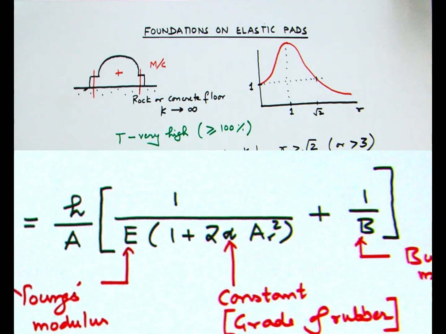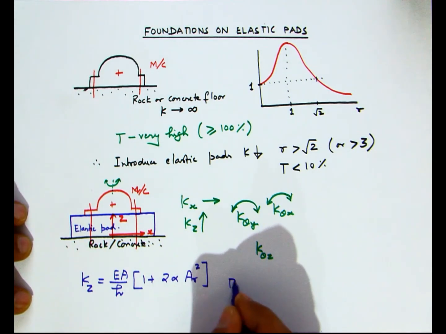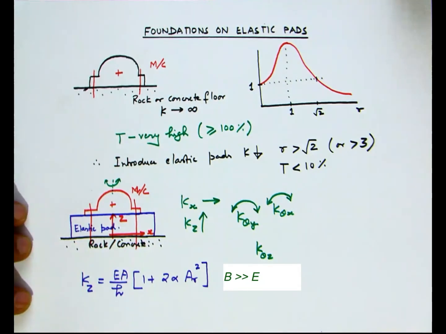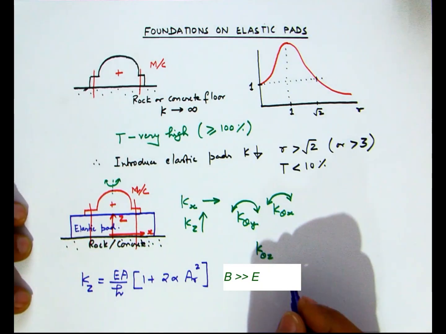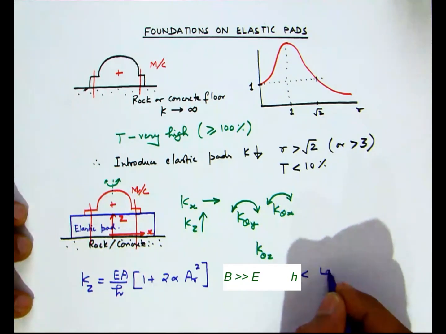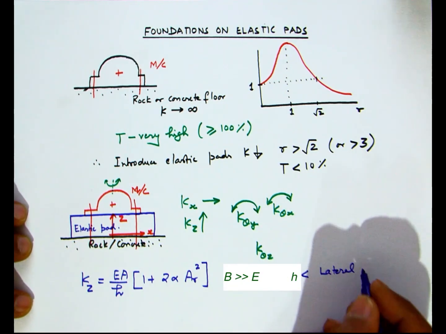However, for the simple case where the bulk modulus is very high as compared to the Young's modulus, we have a simplified expression. This particular expression is valid when the thickness of the pad is less than the lateral dimensions.